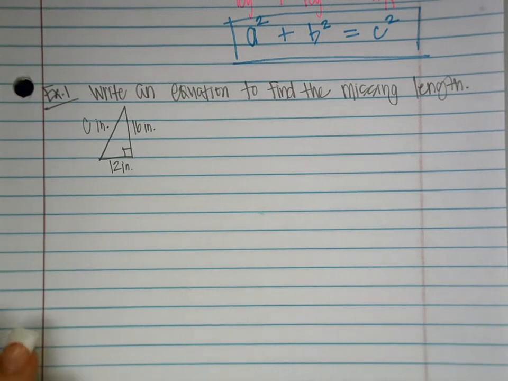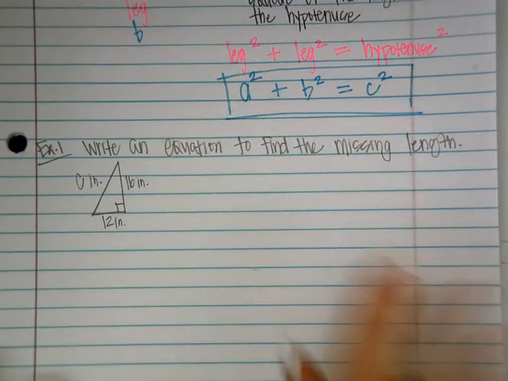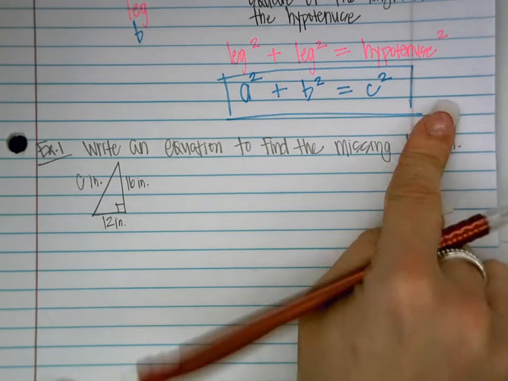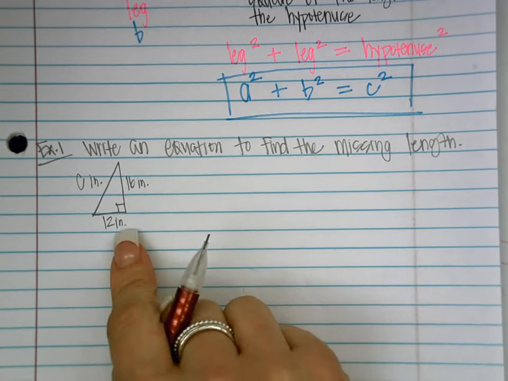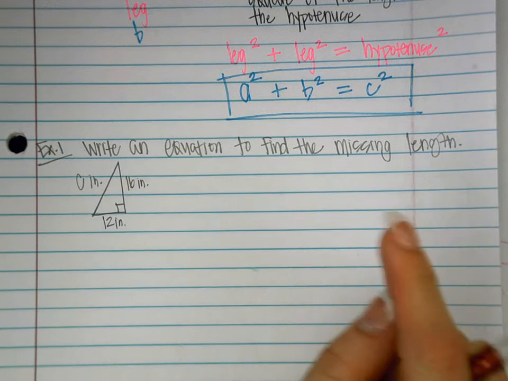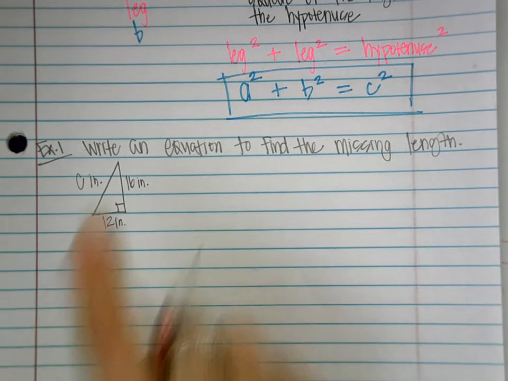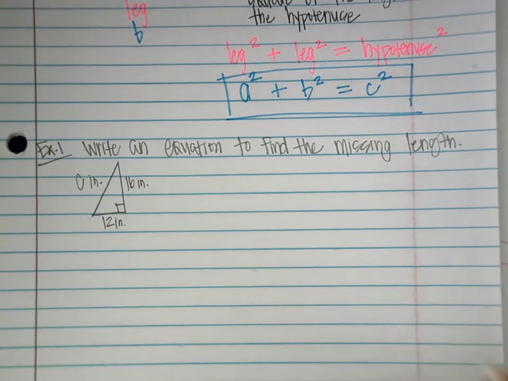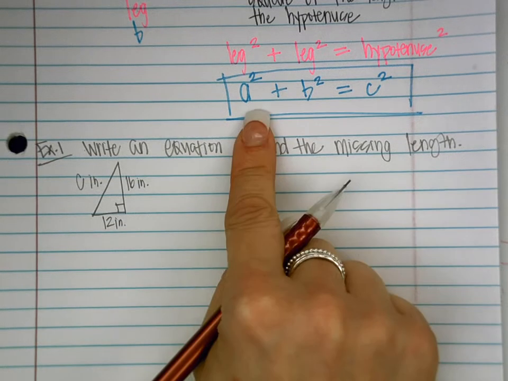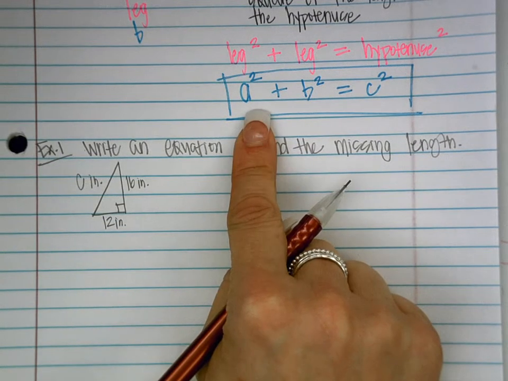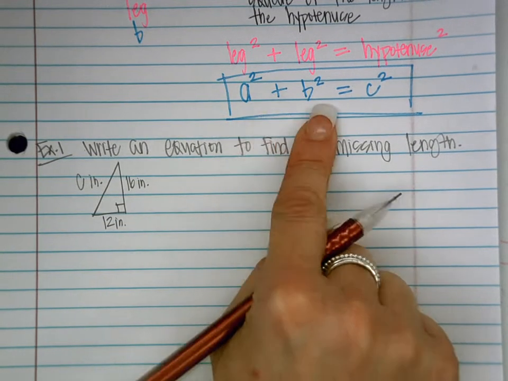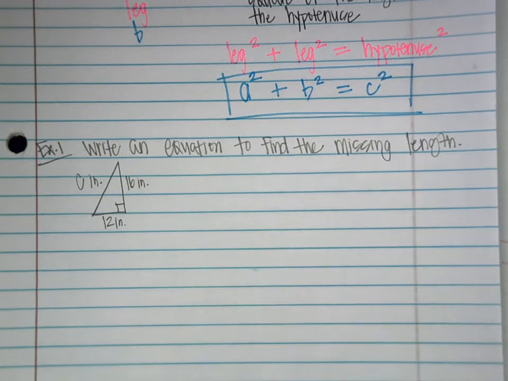I'm asking you to write an equation to find the missing length, and we're going to use the Pythagorean theorem: leg squared plus leg squared equals hypotenuse squared. What are the leg lengths here? 12 and 16. Does it matter which one is 12 and which is 16? No, because they're on the same side of the equation.